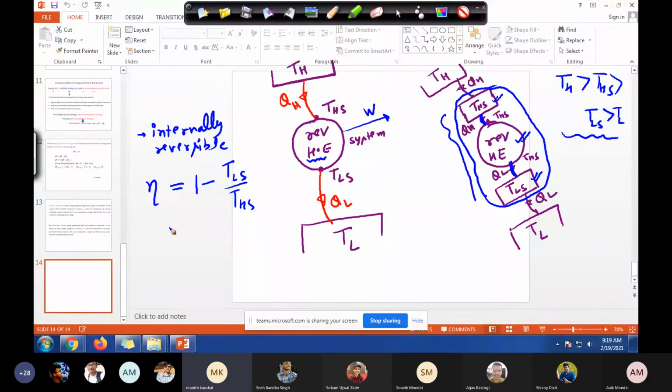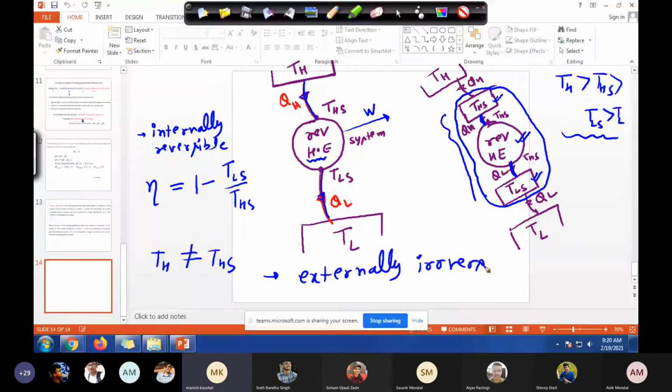But TH is not equal to THS. There is a finite difference. So tell me what kind of heat transfer this one is. And this one. Irreversible. So it means outside the system, it's externally irreversible. So this is an example of internally reversible but externally irreversible.